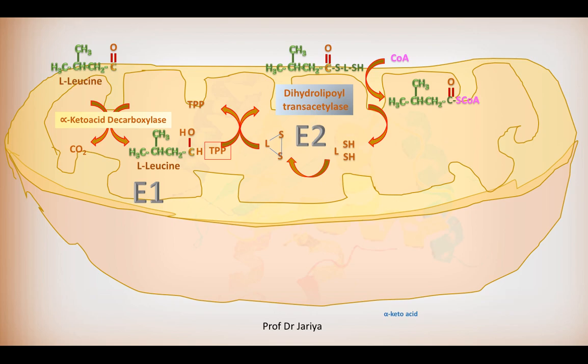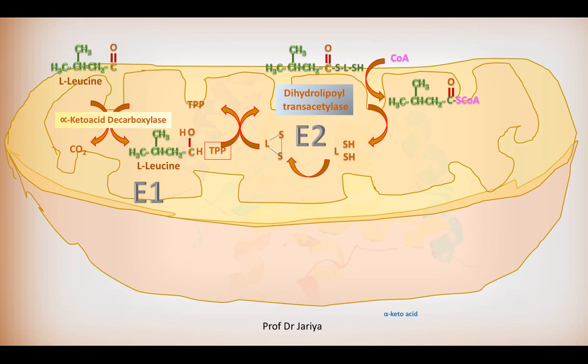So to summarize, you can see that this is the alpha keto acid dehydrogenase complex. It has three components, E1, E2 and E3. In E1 there is thiamine pyrophosphate. It binds to the decarboxylated form of the amino acid. Then the thiamine pyrophosphate detaches and the amino acid combines with dihydrolipoyl. In the presence of dihydrolipoyl transacetylase, it combines with the lipoic acid.